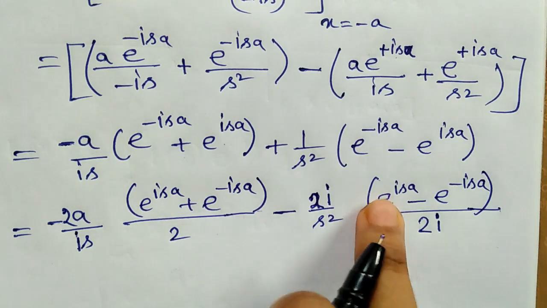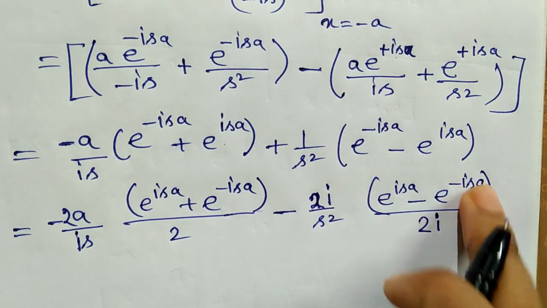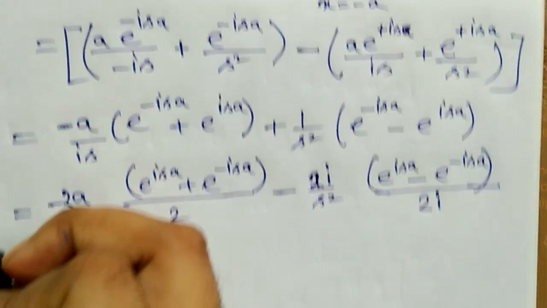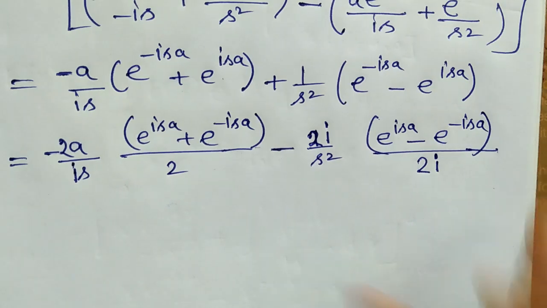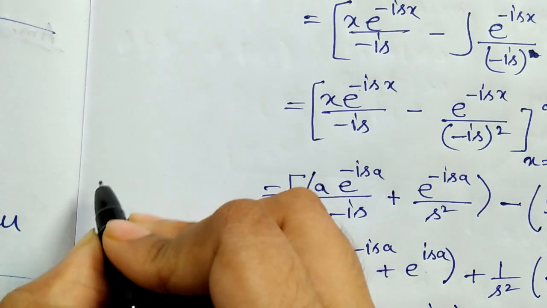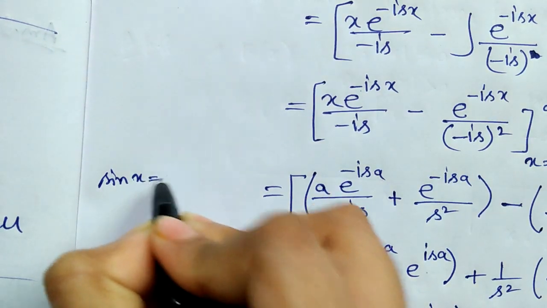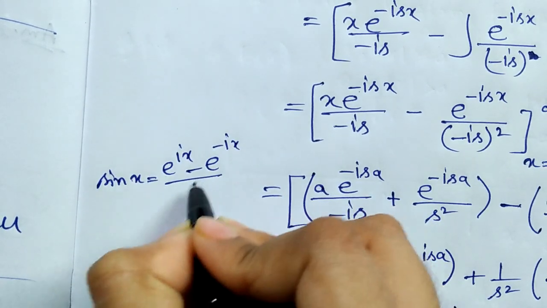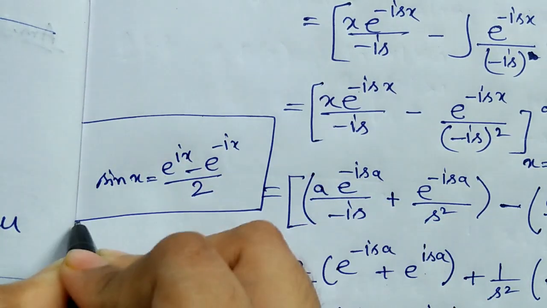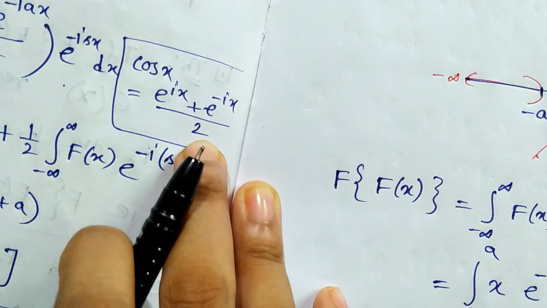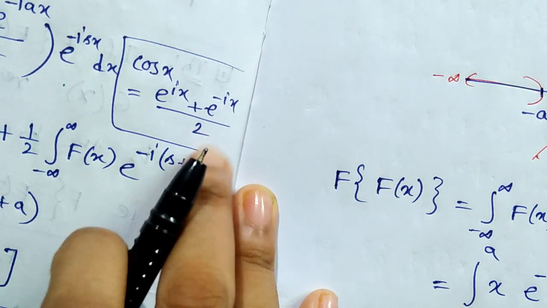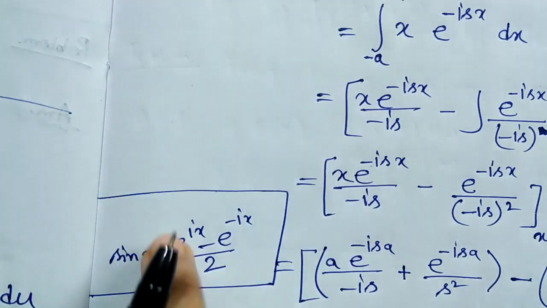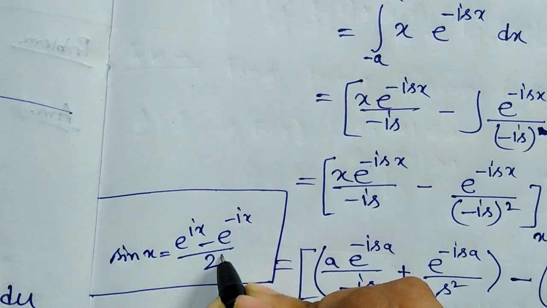Sin sa means e to the power isa minus e to the power minus isa by 2i. Okay, I am just mentioning it: sin x equals e to the power ix minus e to the power minus ix by 2i. This is our known result. And for cos, I have written this, just here is plus and the denominator is only 2, and for sin the denominator is 2i.